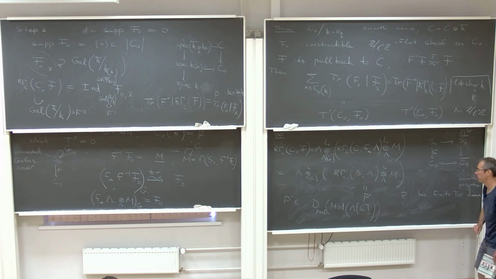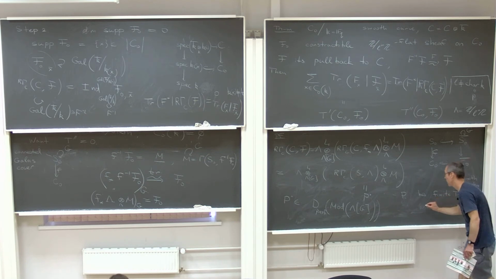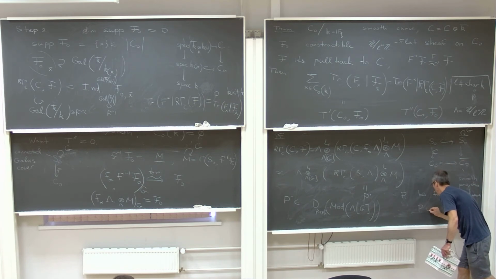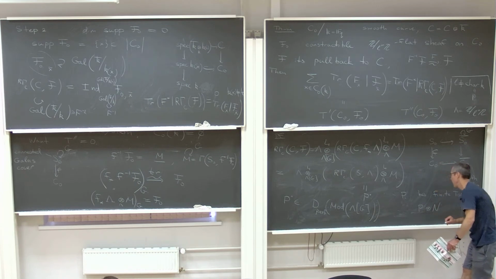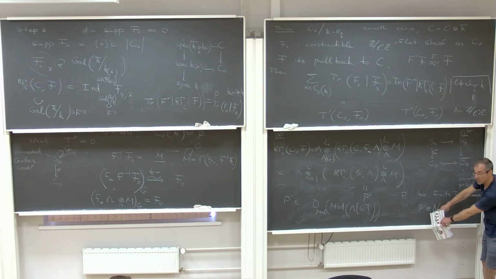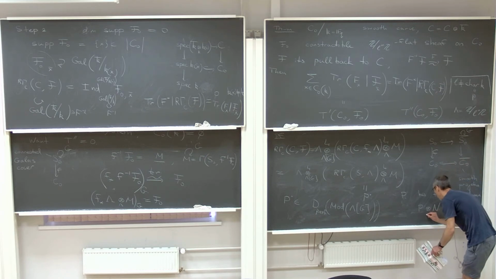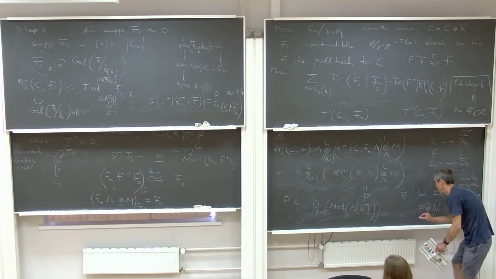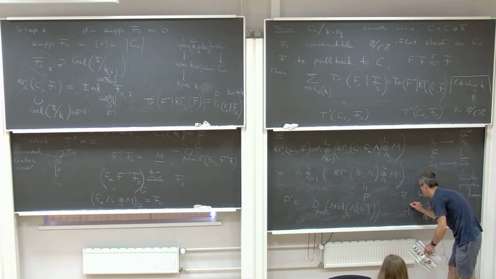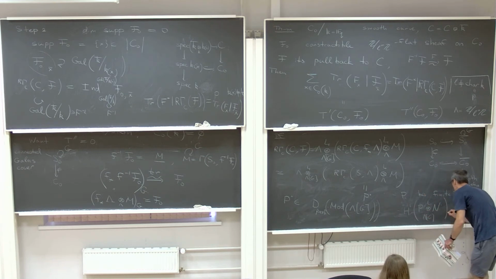Okay, so what this explicitly means is that if you take P and you tensor it with N, and you take the derived tensor product over lambda of G, then I claim that homology actually vanishes in negative degrees.